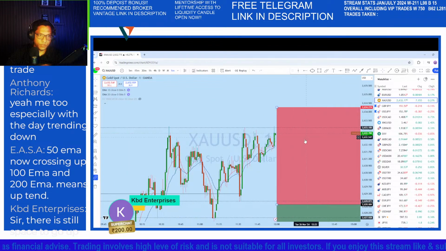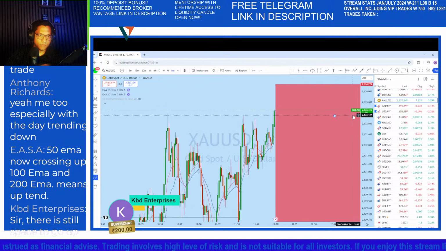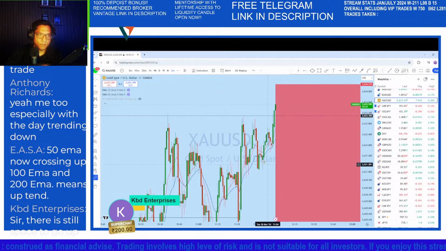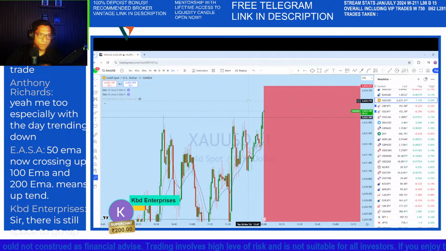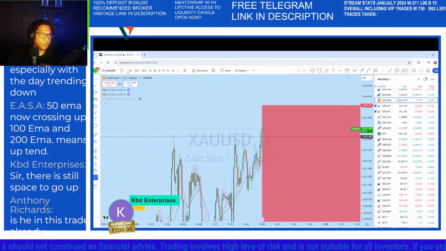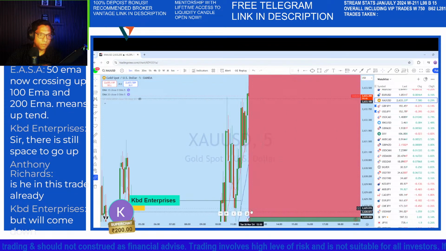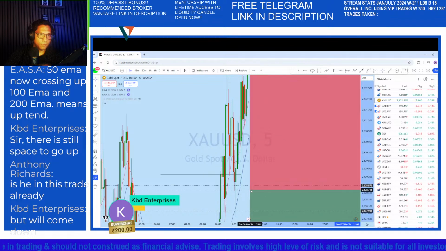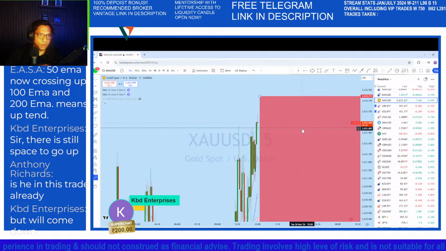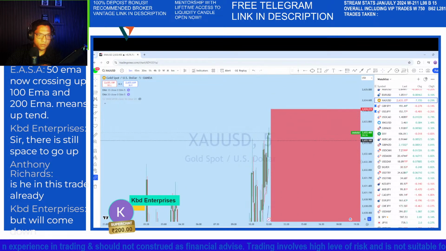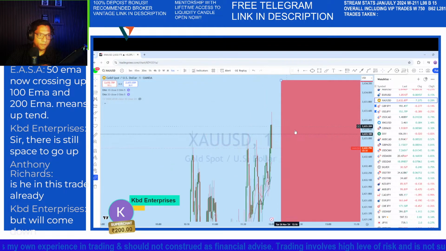Very narrow doji formation. Is it trend continuation or a false breakout? We'll see here.